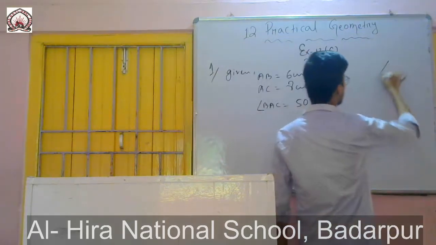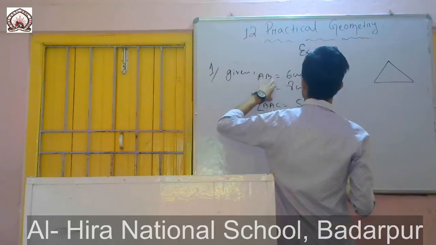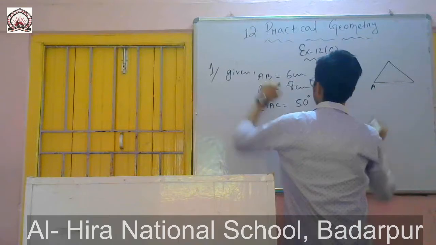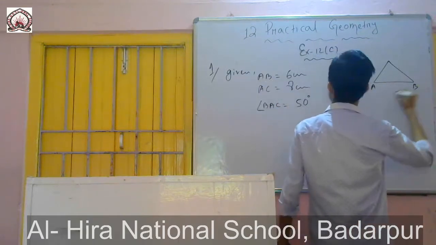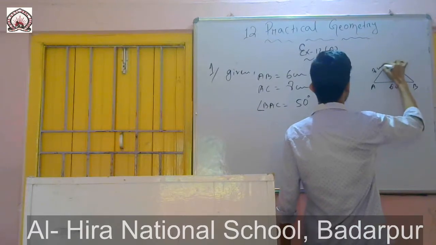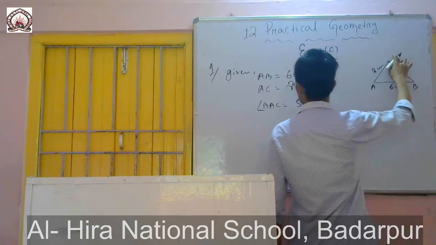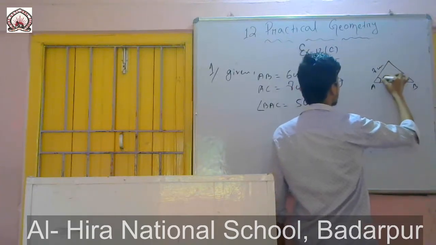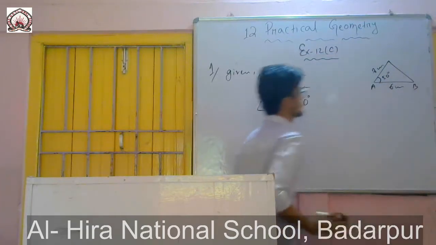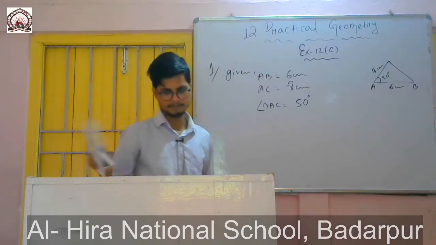So if I draw a rough triangle, AB is the base, AB equals 6 centimeter, AC is 8 centimeter, and angle BAC is 50 degree. By seeing this, I have to draw the triangle.